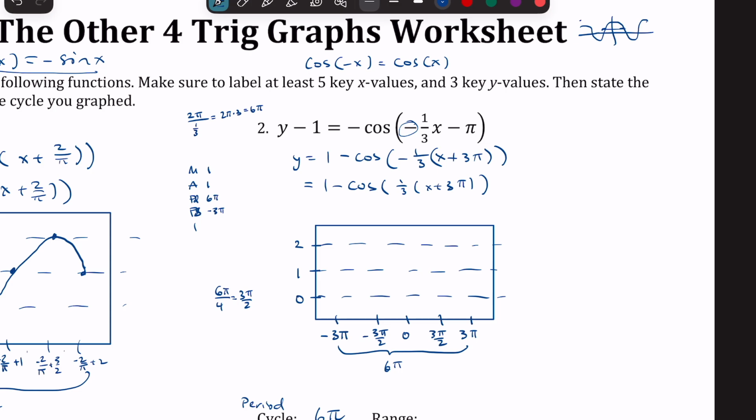So, like I said, this negative on the inside reflects over the y-axis, which doesn't do anything for our function since cosine is an even function. Now, this one right here in front of the cosine will reflect it over the x-axis. So our graph will actually do this.